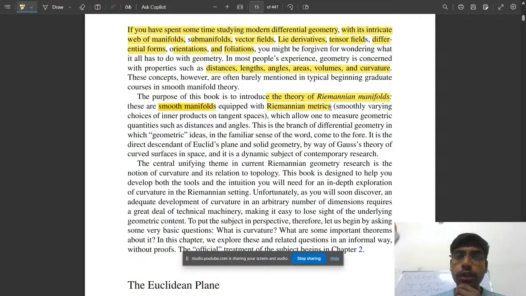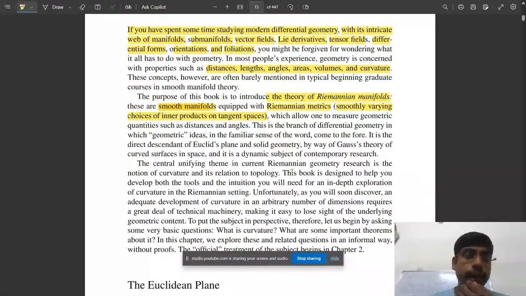Basically, in this chapter, we are dealing with Riemannian metrics, a smoothly varying choice of inner products on tangent spaces, which allow one to measure geometric quantities such as distances and angles. Right. This is the branch of differential geometry in which geometric ideas in the familiar sense of the word come to the fore.